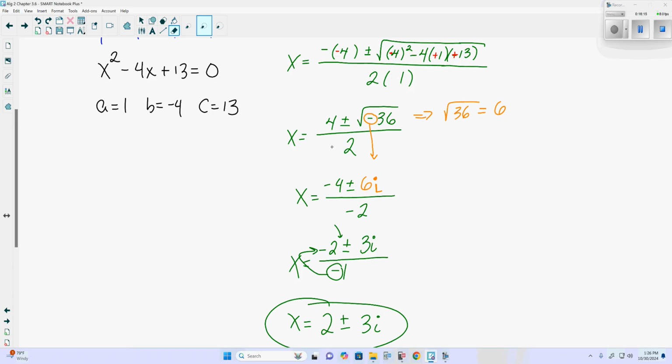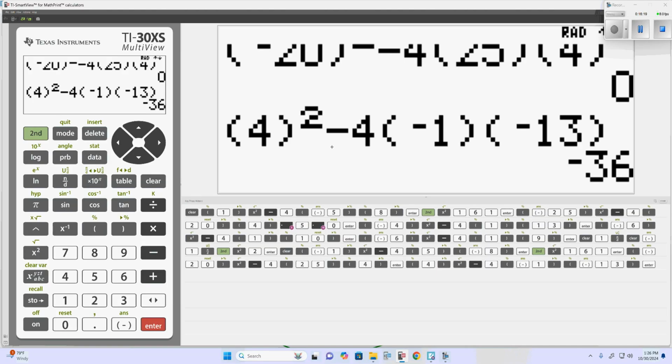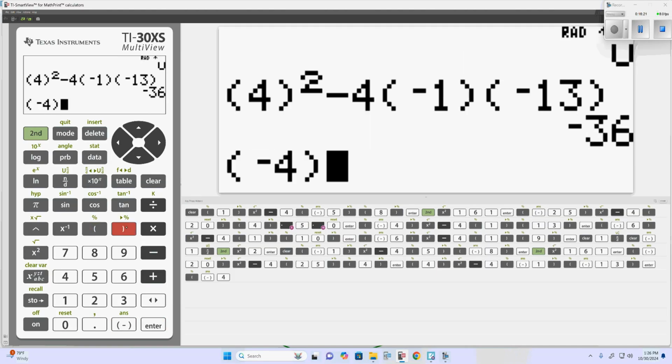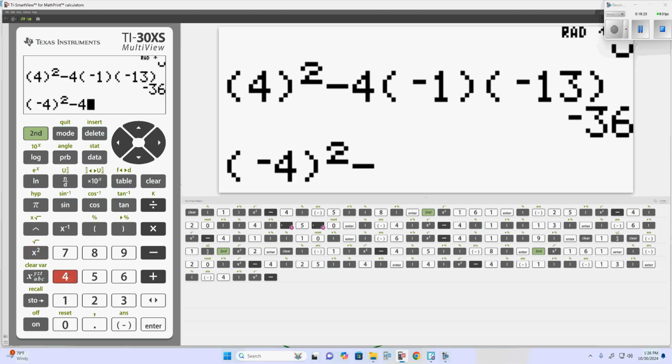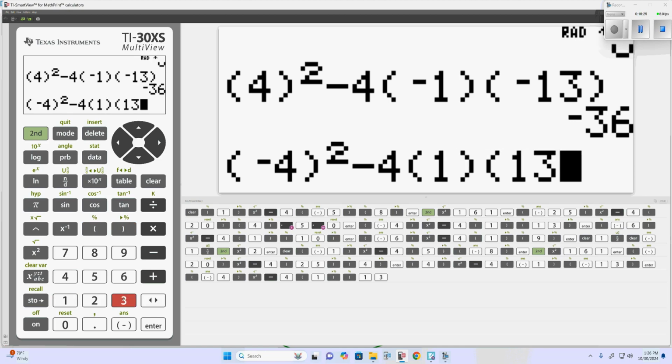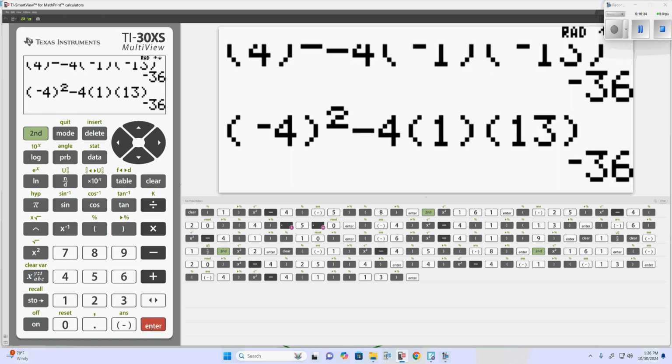Our 2 times 1 is now 2. Let's see how it affects inside the parentheses. So we'd have negative 4 squared minus 4 times 1 times 13. Last time it gave us negative 36, yes? Let's see what it gives us this time. Negative 36, it is still the exact same thing.